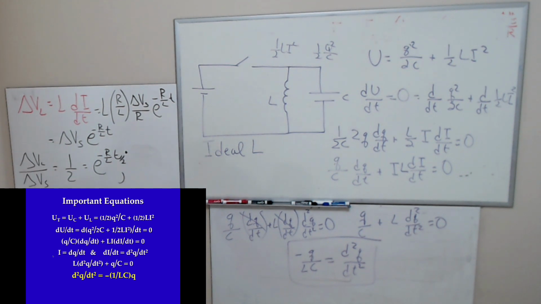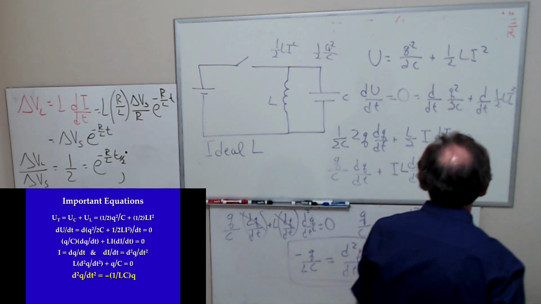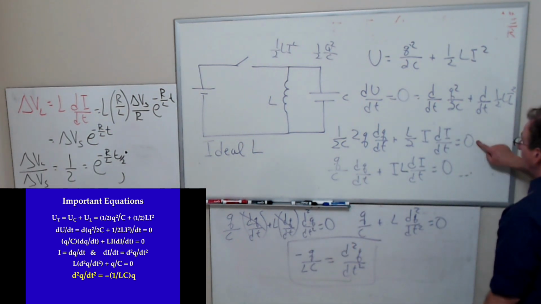I guess I'm not understanding your question. How do I know to do dq dt and di dt? You mean how I should take a derivative? How did it go from here to here?